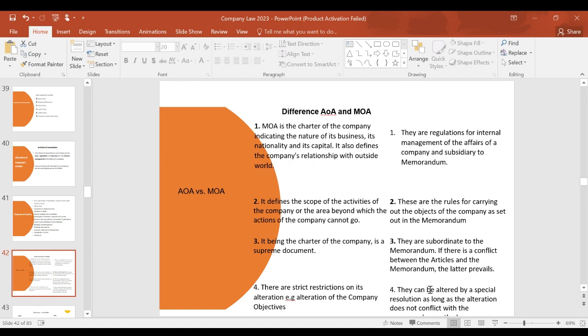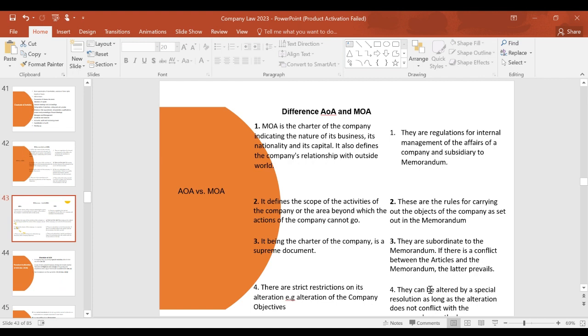In a general meeting, a special resolution can be passed to alter an element of the articles of association, as opposed to the memorandum of association, which is strictly restricted, and to some extent, some parts of the alteration of the memorandum of association will require parties to make sure that they have complied with the already existing memorandum of association and file the same with the registrar.